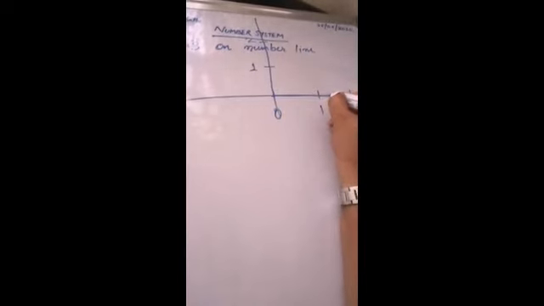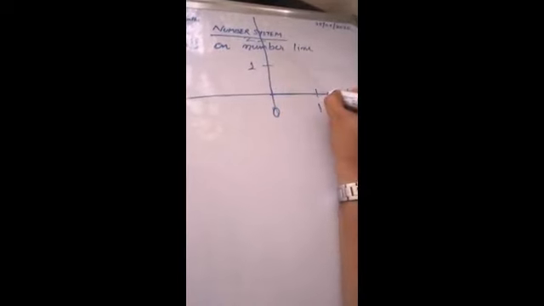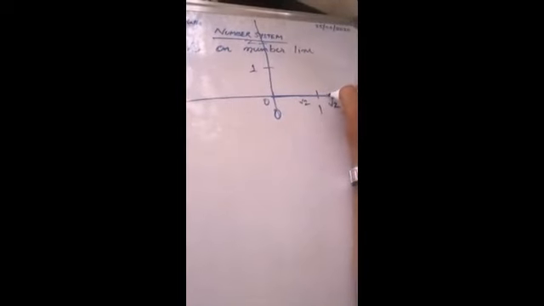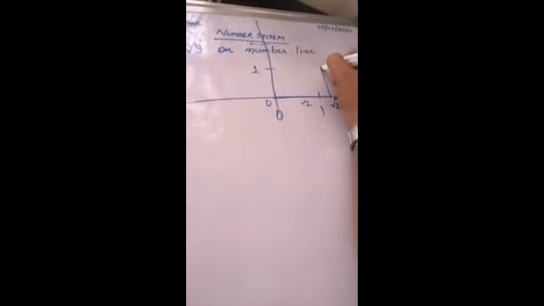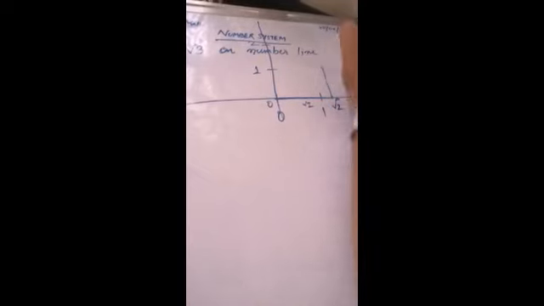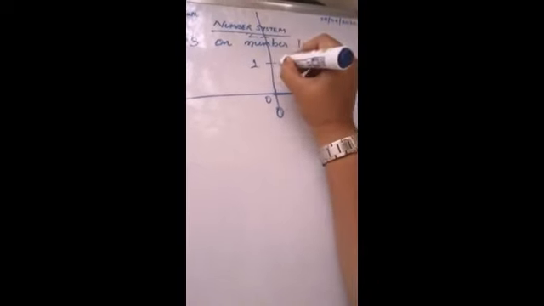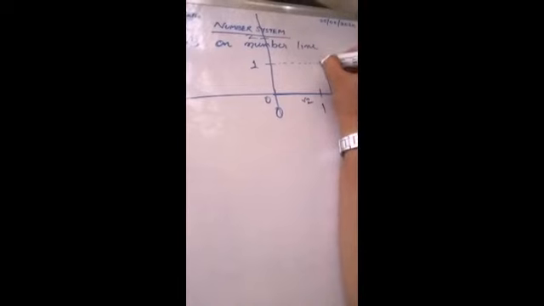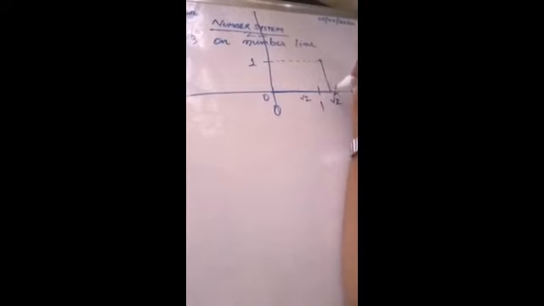So if we consider this distance as root 2, if this is O, this is A, and if we move unit distance in the y-axis and plot the point, this comes as 1.